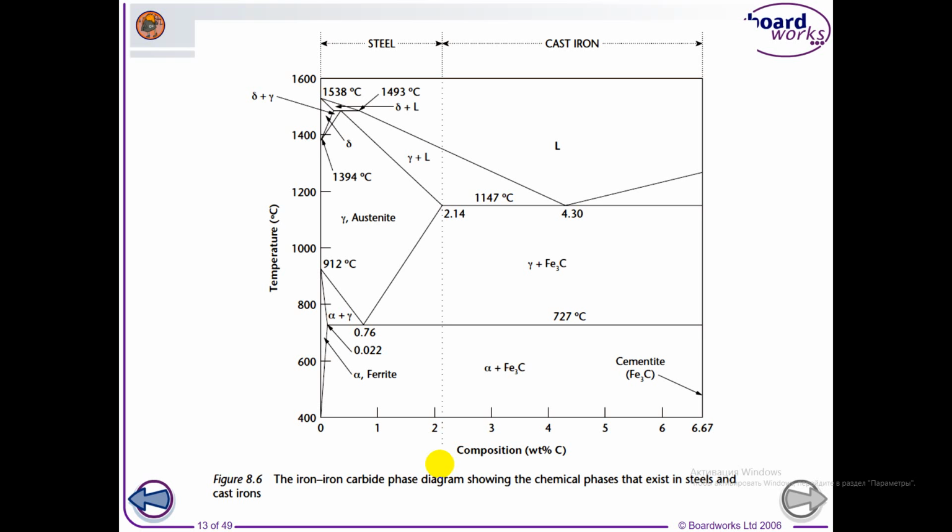In general, cast irons tend to be brittle with the exception of malleable cast iron. They have a tensile strength of 150 to 400 megapascal. Cast iron has limited application in construction.